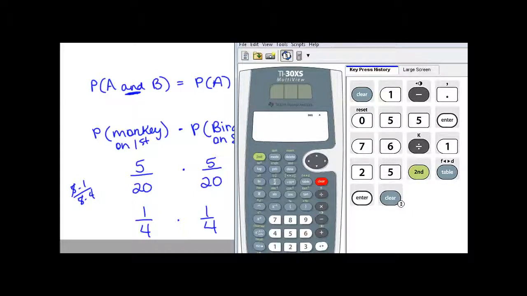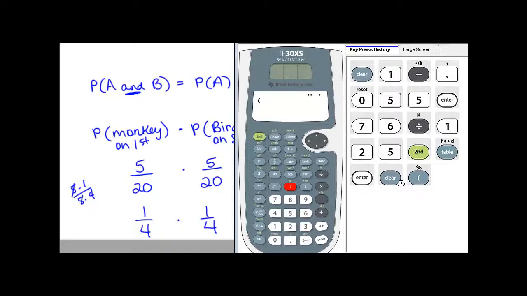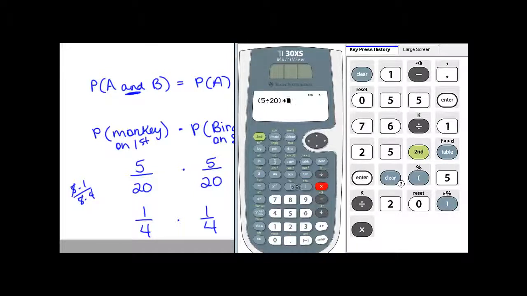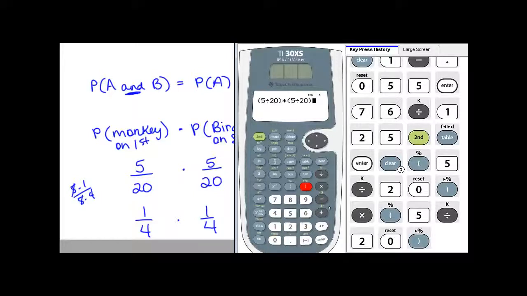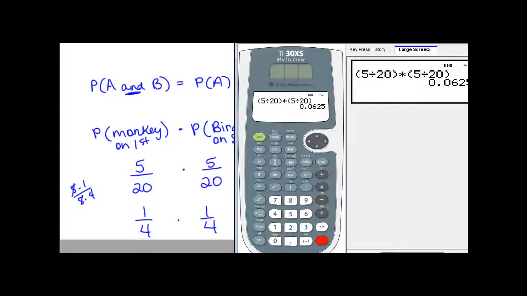You could use your calculator, and even before simplifying, we could have, let me move this up so you can see it a little better, 5 divided by 20, so 5/20 times 5/20 equals 0.0625, but you'll probably be asked to give this answer in a fraction form.